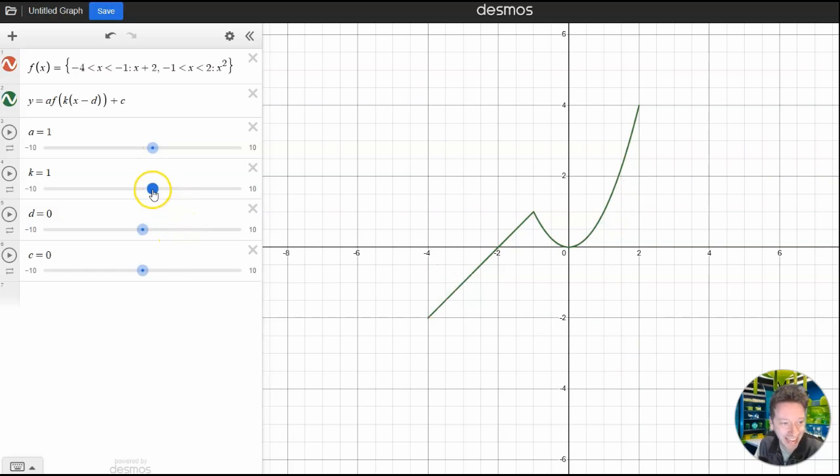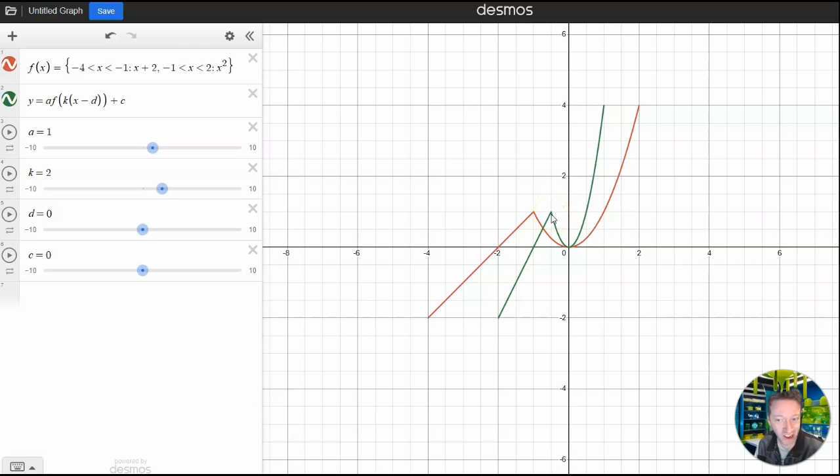Okay, well, what does k do? k is right here inside of the function, multiplying by x along with this shift, which we'll talk about in a minute. What does k do? If I increase k, looks like I'm compressing it horizontally. If I were to make k 2, well, our value gets halved.